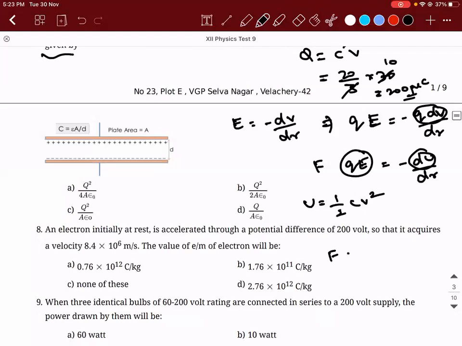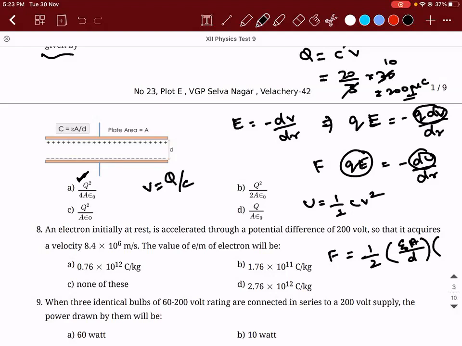So F will be equal to half into C, which is epsilon naught A divided by D, into V square. Let us leave V as it is. Since the option is given in terms of Q, can we use V is equal to ED, sir?